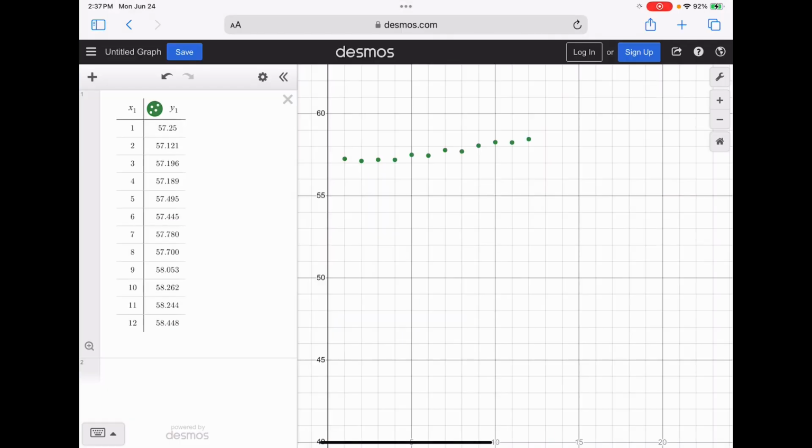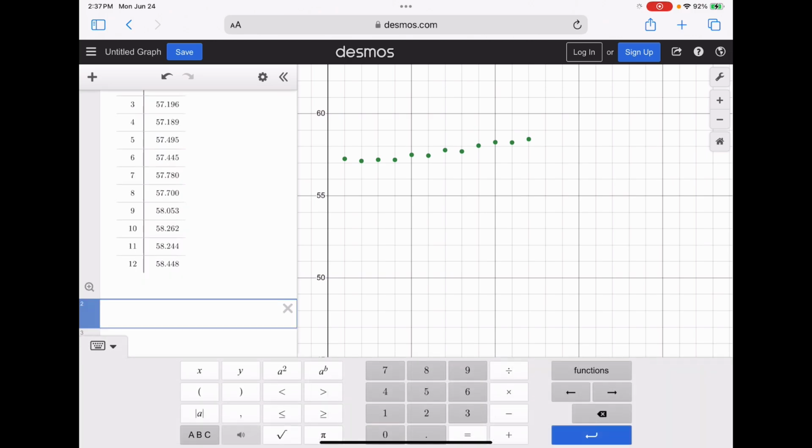All right, so now that we have graphed our data in Desmos, it should look something like that. We're going to create our line of best fit. So I'm going to come to line 2 and put our formula in.